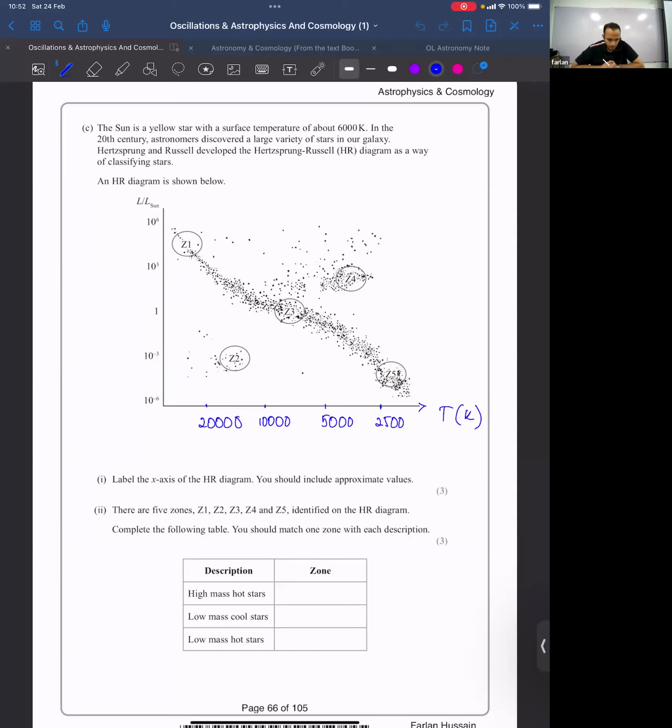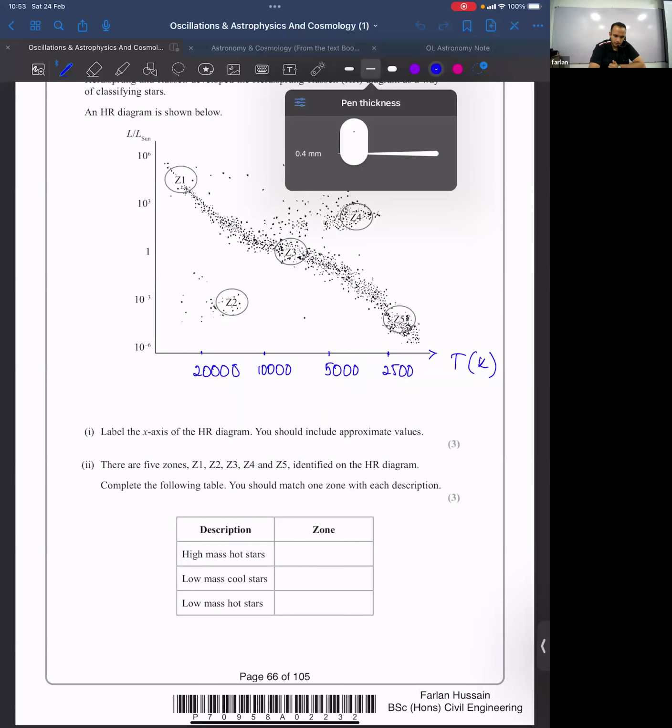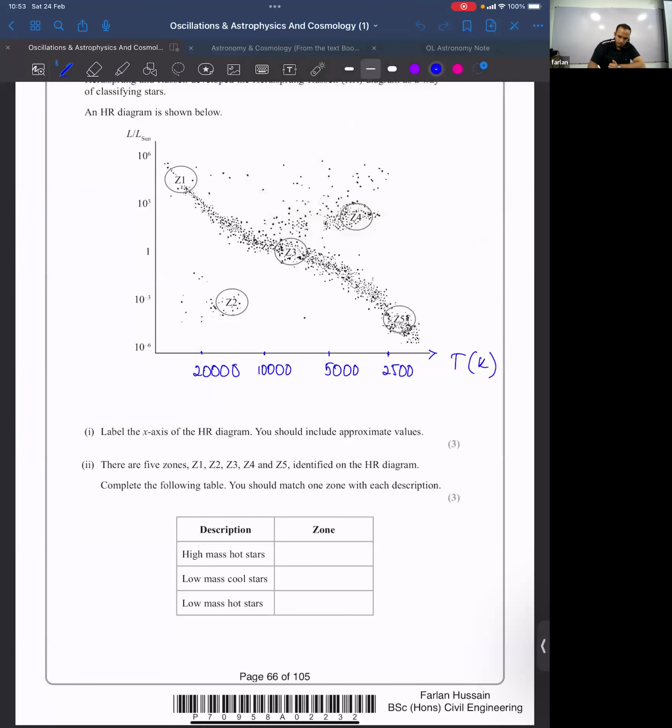High mass hot stars will be what? High mass hot stars is Z1. Low mass cool stars.